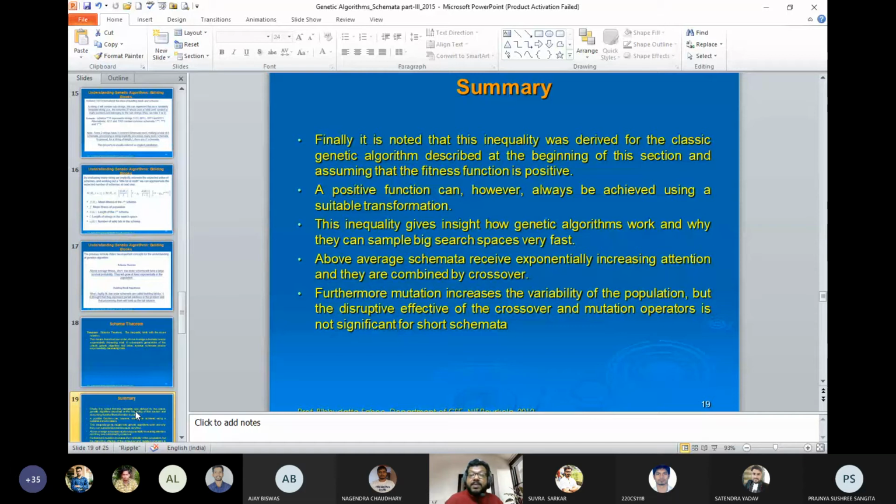Maybe the type of mutation, maybe the mutation probability, maybe the population size, maybe the type of representation you are trying, maybe you are arguing across short schemata or long schemata. So there are enough open variables to say that I have designed a different genetic algorithm.